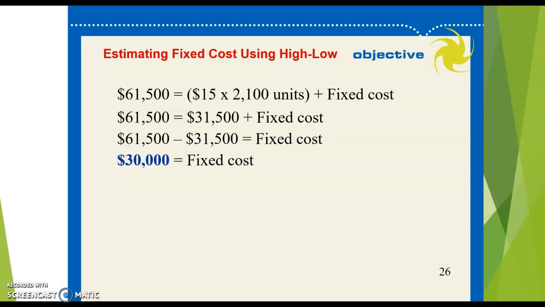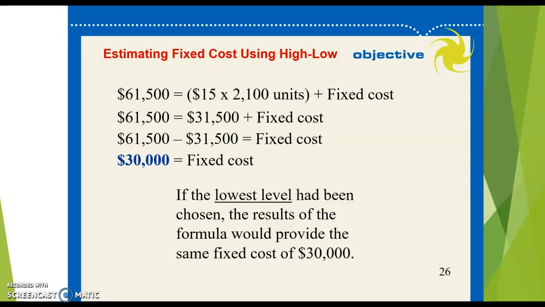So if I wanted to figure out for November, what if I had 1,900 units in November? How much would my total cost be? I would take the 15 times 1,900 units, and then I would add a fixed cost of $30,000, and that would tell me a ballpark of my total grand cost for November that I would use for budgeting purposes or whatever.